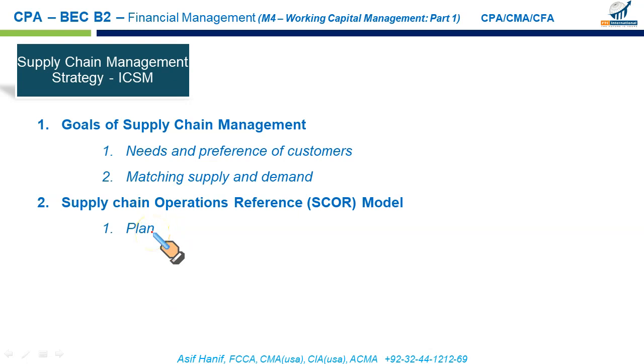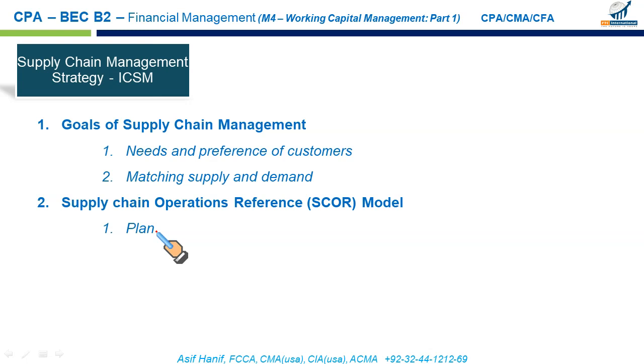In the planning stage, you try to balance your productive capacity with the expected market demand. You will plan for the plant size, what should be the plant size so that we can meet the needs of our customer. We build infrastructure, we determine what is going to be the likely demand in the market, and then accordingly we plan for what should be the level of production so that we can meet the needs of our customer.